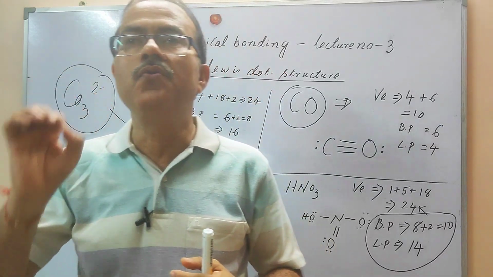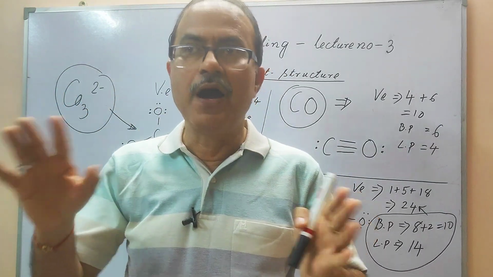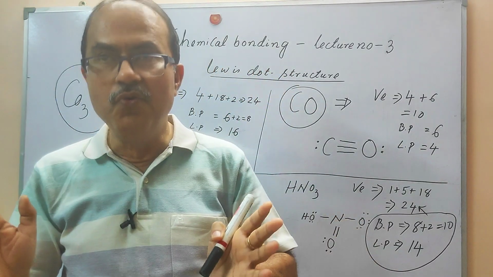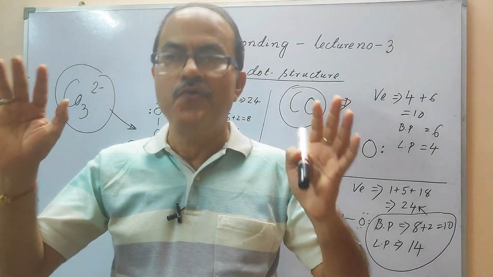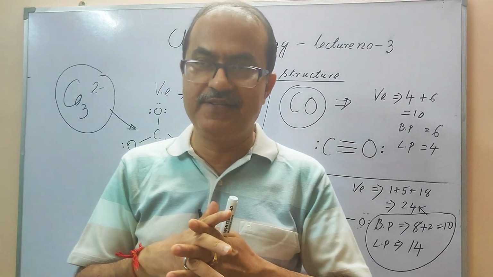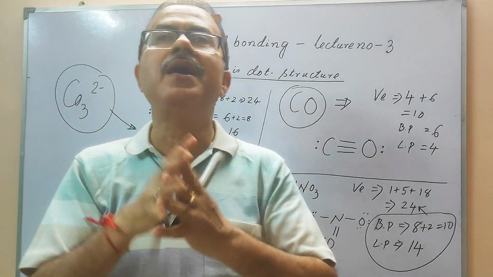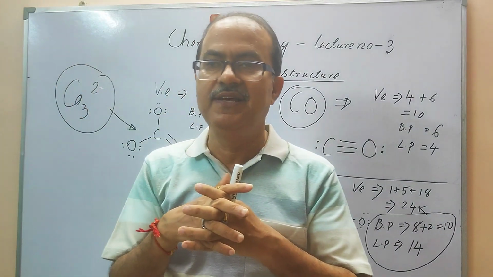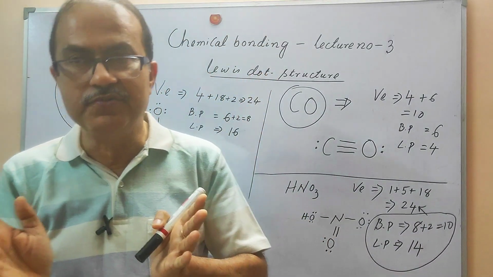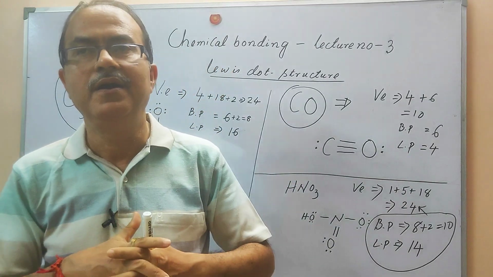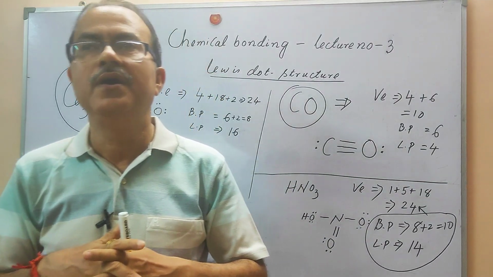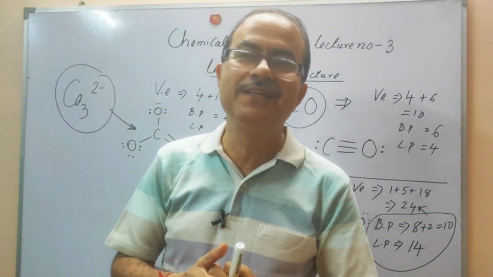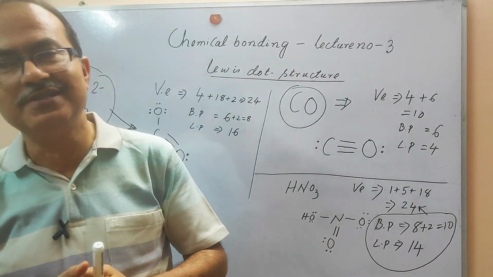Then we have to know how to arrange these atoms in the molecule. Then you have to put the bond pairs first. Then we have to satisfy the octets of the other peripheral atoms. Then, if required, go for multiple bonding, double bonding or triple bonding. In this way, you can easily construct the Lewis dot structures.